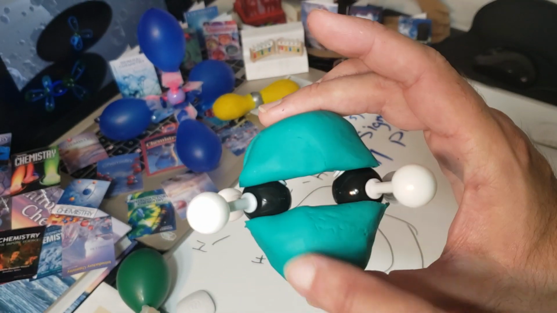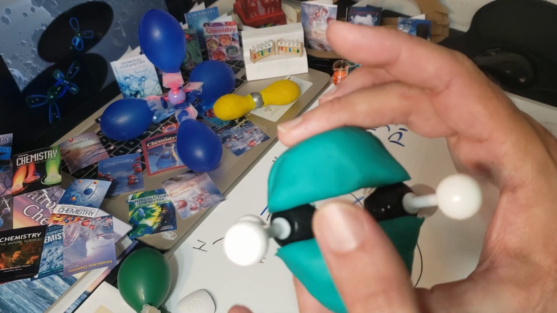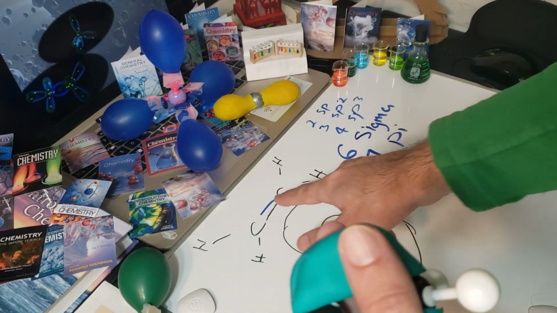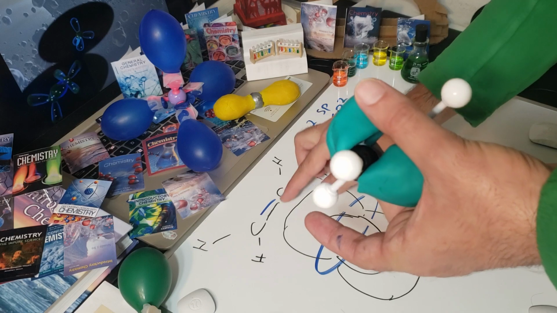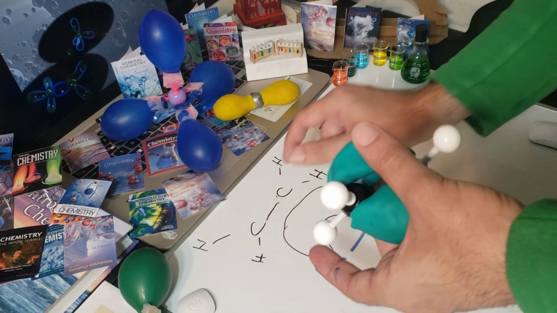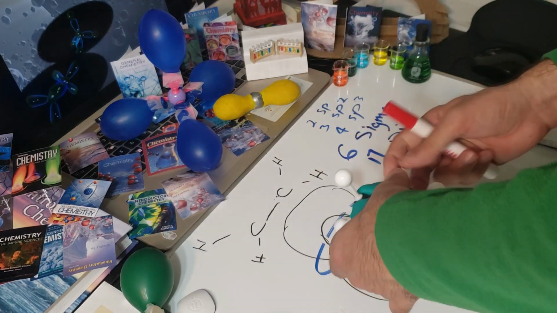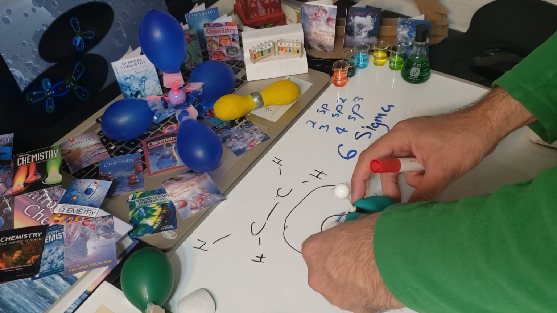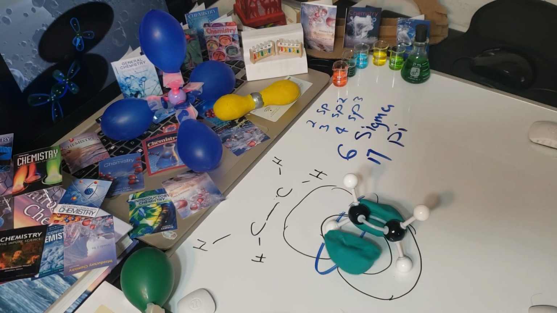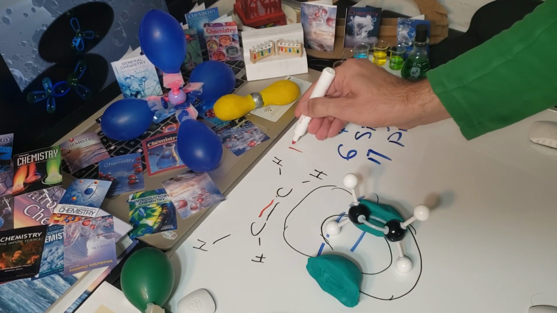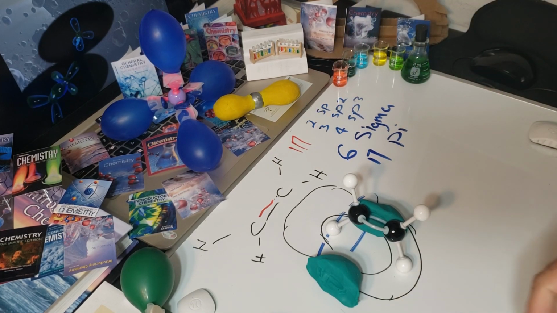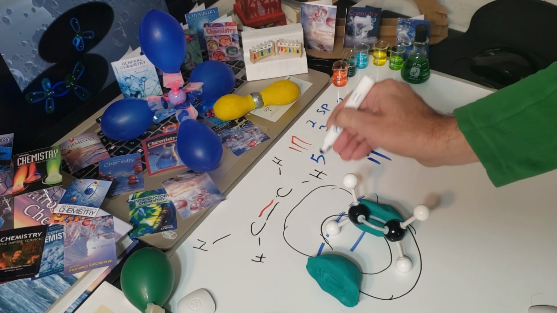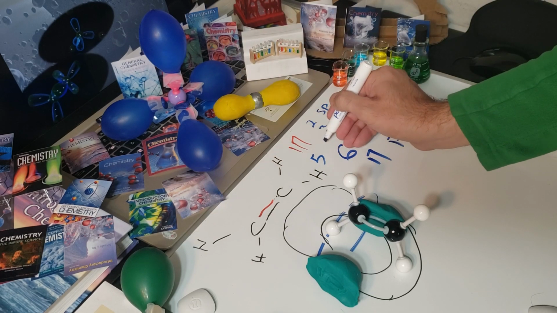These two clouds of the pi, or the double bond, are responsible for that. So there is one pi bond and 1, 2, 3, 4, 5 sigma bonds. You could write that down to see how that works.